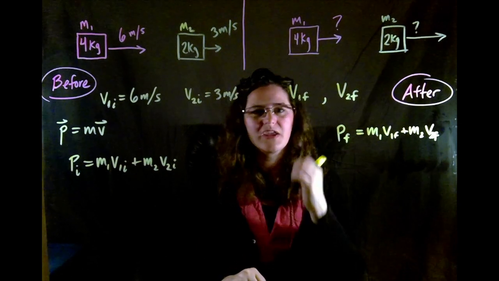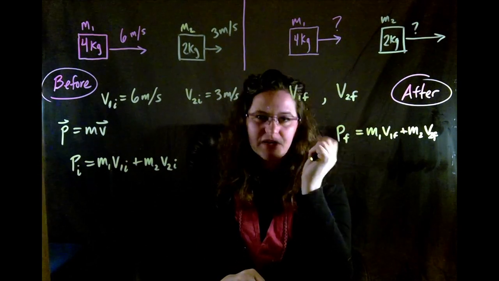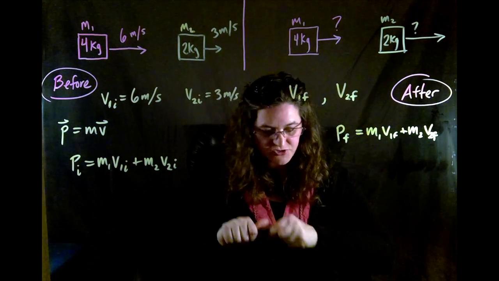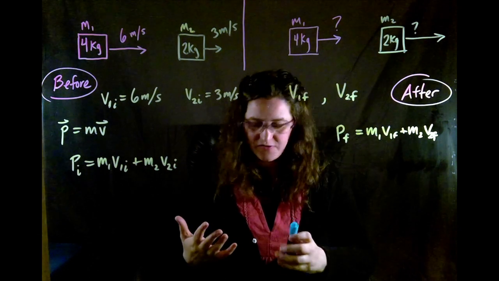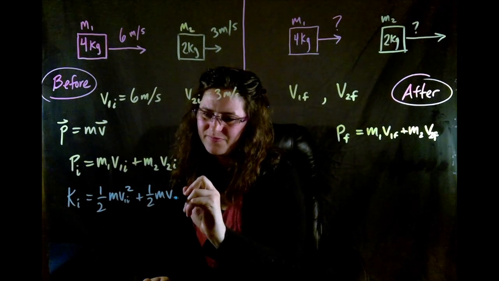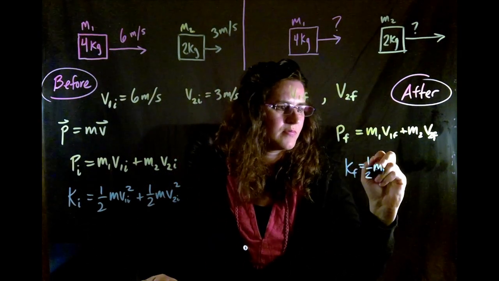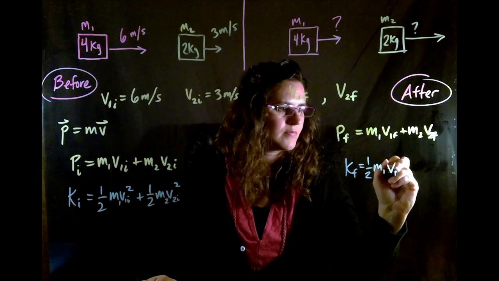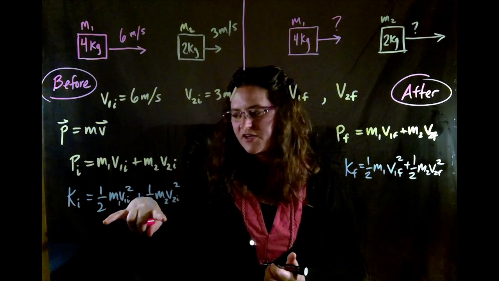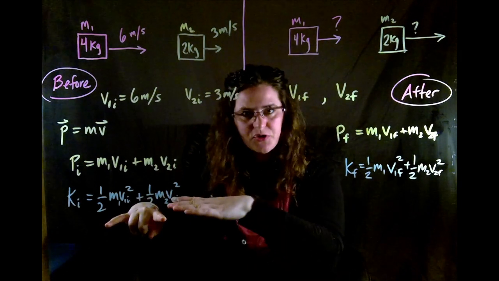Fortunately, we know that in an elastic collision, our kinetic energy is also conserved. So let's conserve kinetic energy here. Kinetic energy is not a vector. Here's my kinetic energy initial, because the two particles are moving.